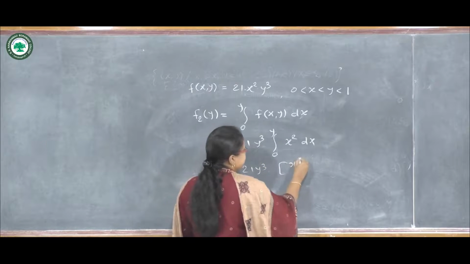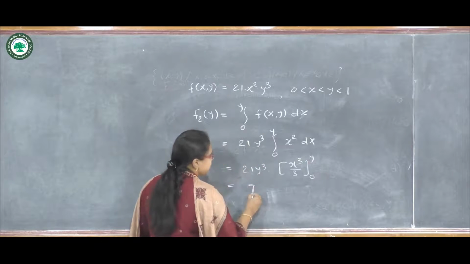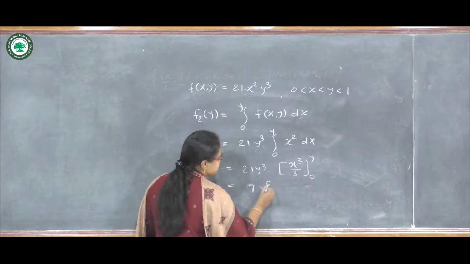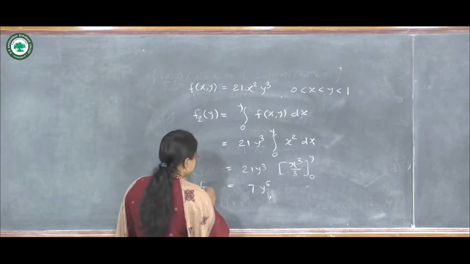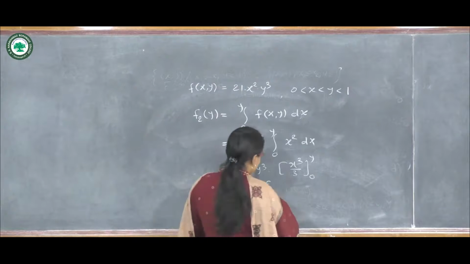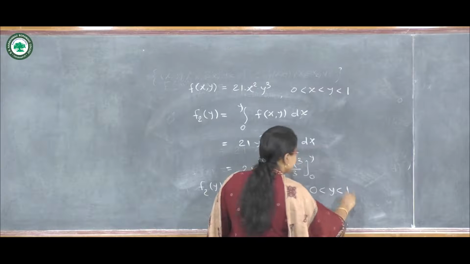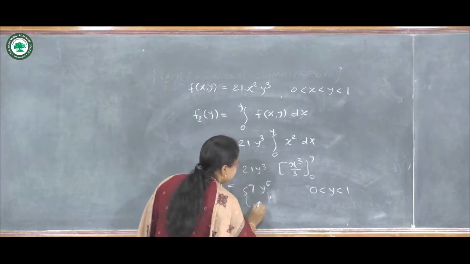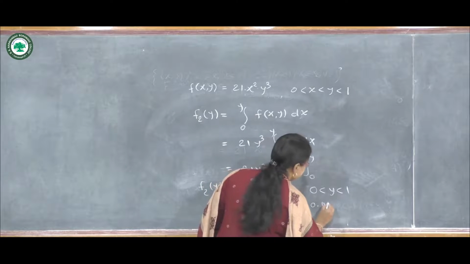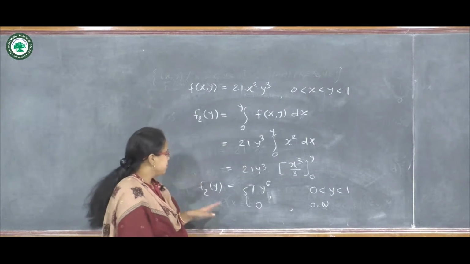So this is x cube upon 3. So here 7 into y raised to 6. This is f2y, and we should write here the range of y. The total range of y is from 0 to 1. We can write here 0 otherwise also. So this is the marginal distribution of y.